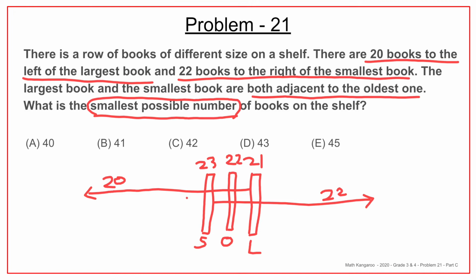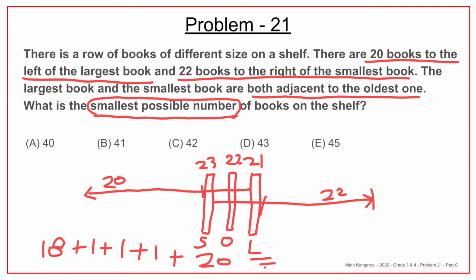Now we have the positions for 3 books and we need to determine the smallest possible number of books on the shelf. So from here to here, since we have 2 books already done, we marked it as 18, plus the 23rd position book, the smallest one, plus this book, plus this book, the largest one, and from here to here we got 20 more books.